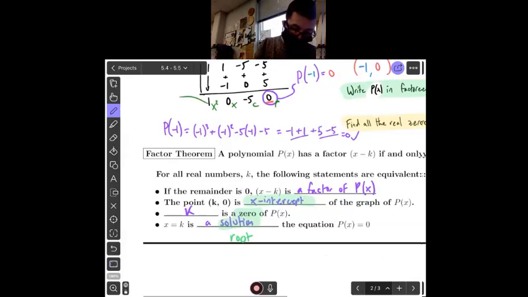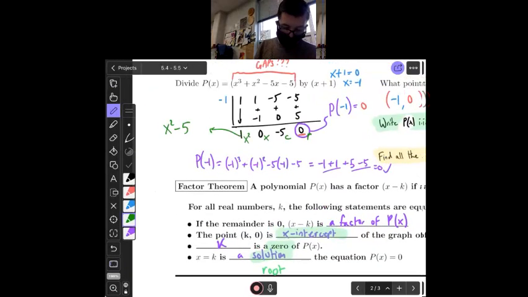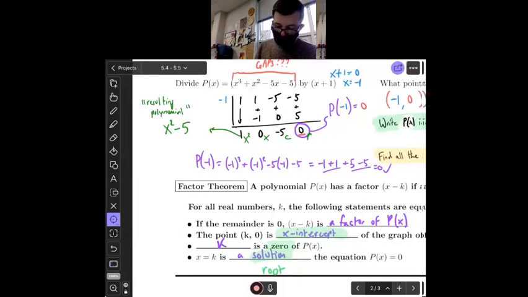So that comes out as just x squared minus 5. What this is called is the resulting polynomial. We divided p of x by x plus 1, and this is what's left over.